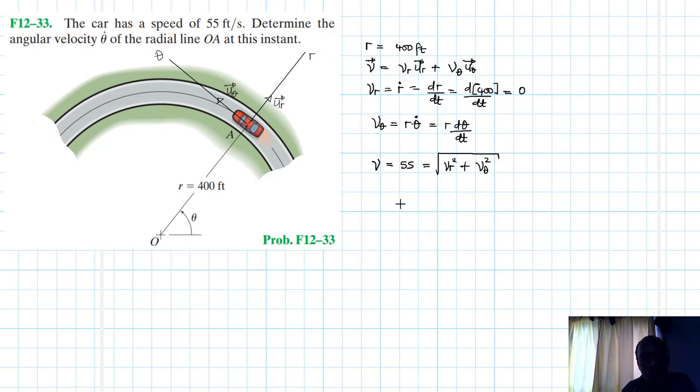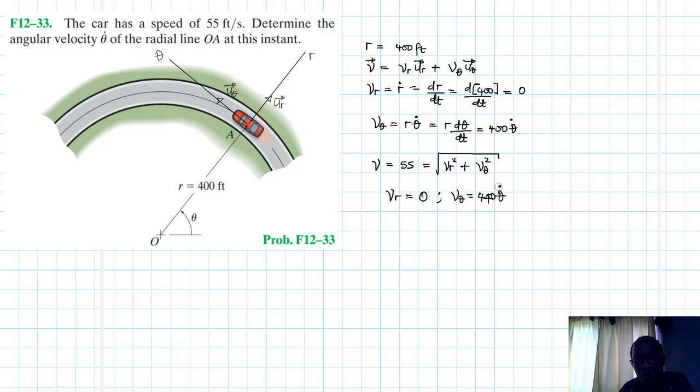Since we already know what these values are, our Vr we said is equal to 0, and our V theta is equal to r theta dot, so with the actual number this becomes 400 theta dot.